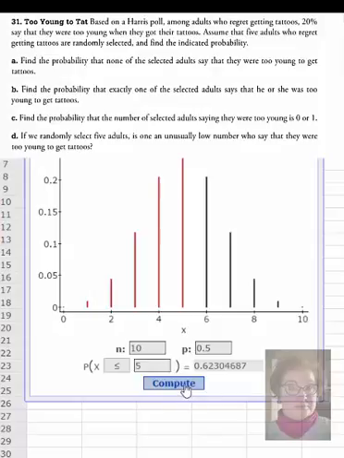So for instance, I'm looking at number 31 on page 243. Based on a Harris poll among adults who regretted getting tattoos, 20% said they were too young when they got their tattoos. Assume that 5 adults who regret getting tattoos are randomly selected. Find the indicated probability. So first of all, our number is 5.